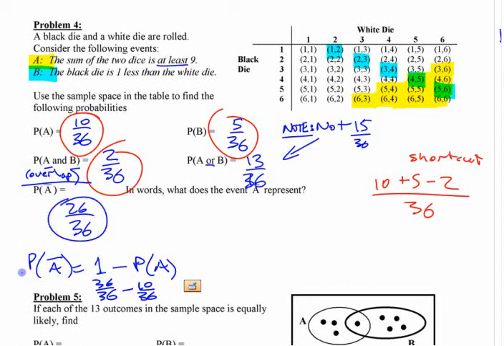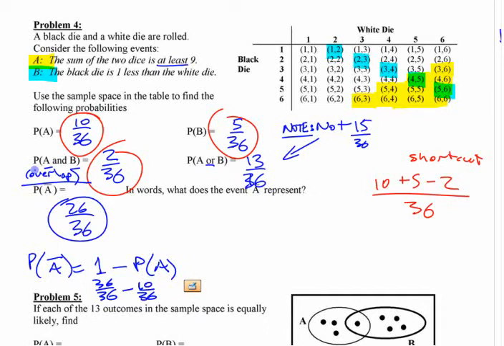What does the event not A represent? Well, if this says the sum of the two dice is at least 9, what different ways could you explain that with words? What different ways could you describe that? Not A. So not at least 9. Less than 9. 8 or less.